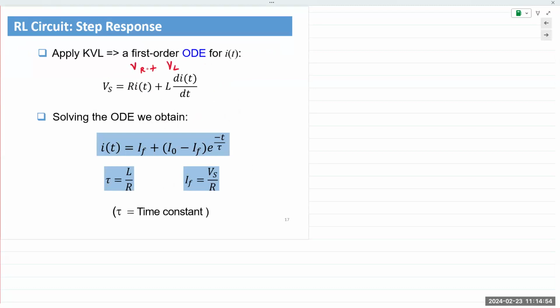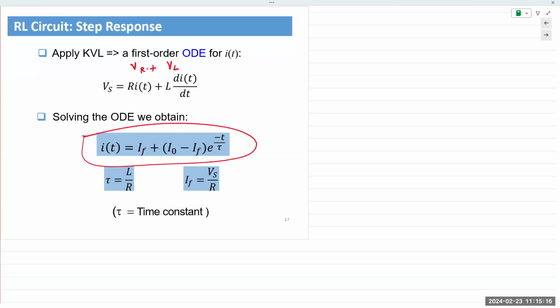In a natural response circuit, VR plus VL equals 0. In this case, it equals the source voltage Vs. It's a first order differential equation, the solution of which is given by I of t is IF plus I0 minus IF, times e raised to minus t over tau.